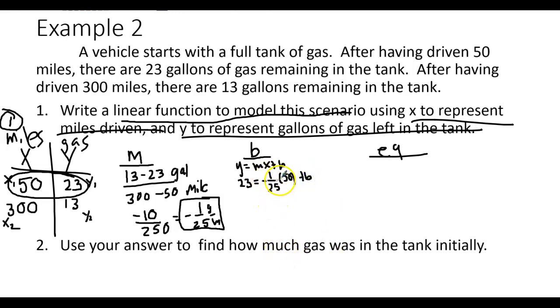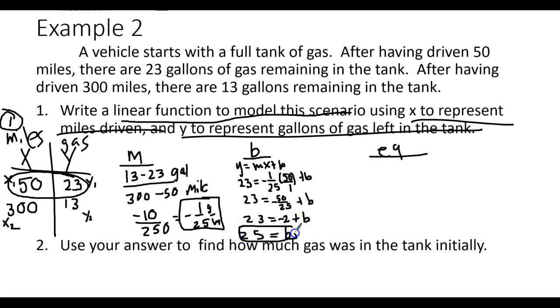So if I multiply 50 over 1 times negative 1 over 25, we end up with 50 over 25. And it's negative, of course. And luckily that divides nicely. So we have 50 divided by 25 is 2. That's a negative 2 because there is a negative in the front. And if I add 2 on both sides of this equation to solve for b, I get 25.